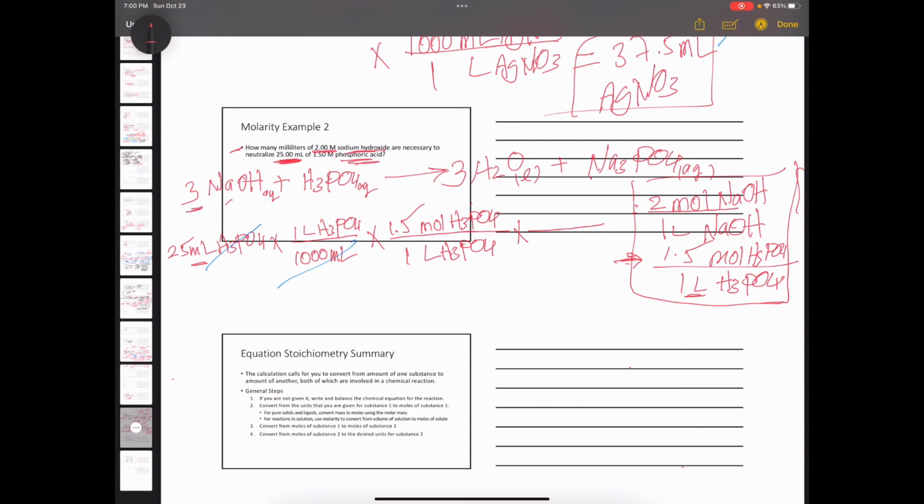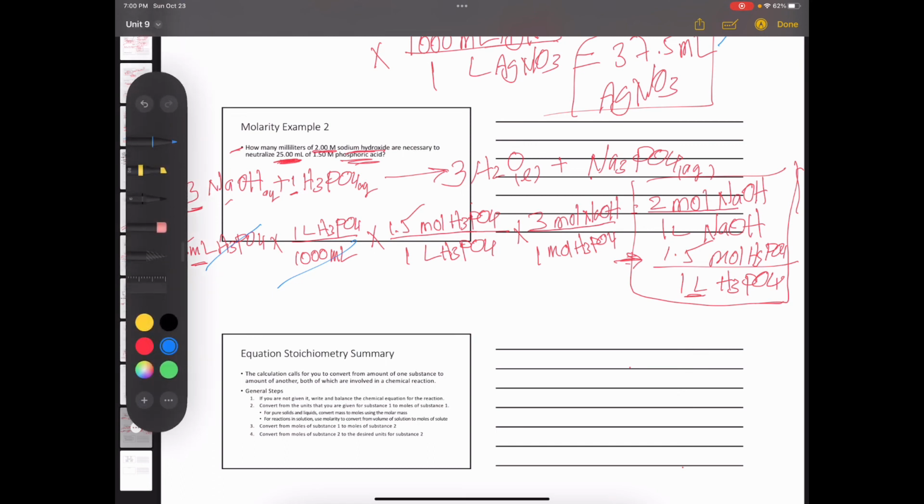And I know it is a 3-to-1, right? Because there is a 1 here. So, mole NaOH, mole H3PO4. Based on my balanced chemical equation, for every 1 mole of H3PO4, 3 moles of NaOH are needed. Okay? So up to this stage, I can cancel out the moles of H3PO4 with the mole of H3PO4. Liters has already been canceled as well. So now I have moles of NaOH.